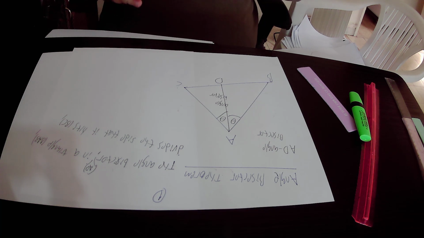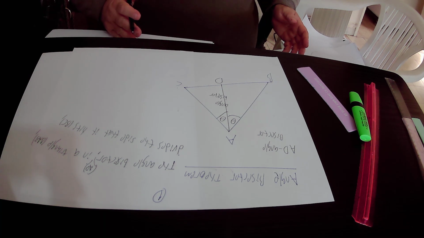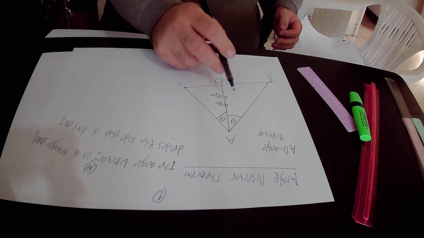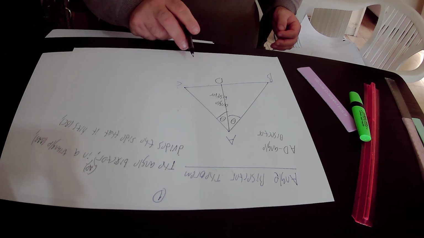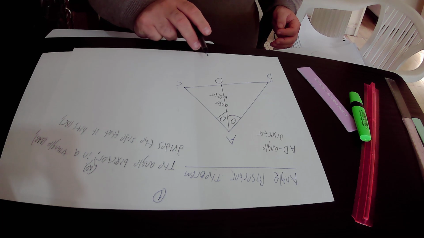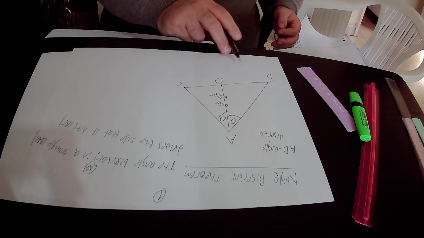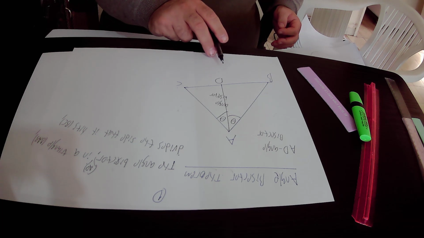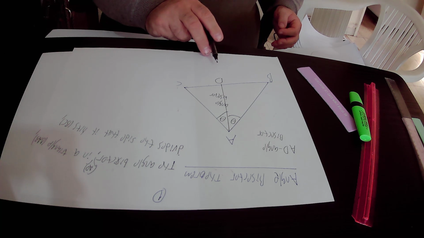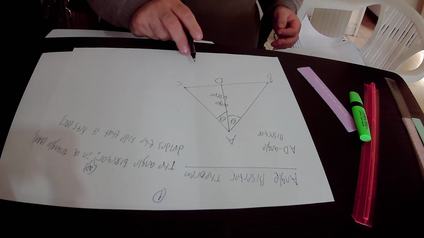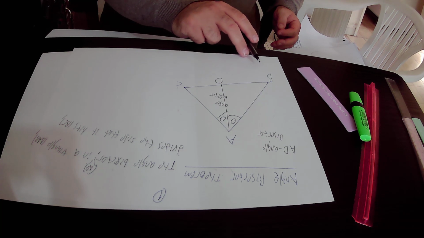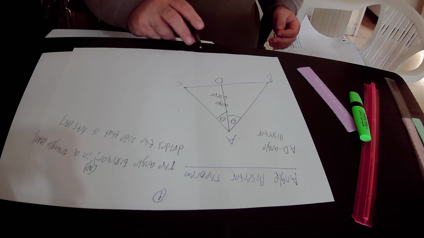Actually, as you can see, angle bisector AD is side BC and divides it into two parts. The first part is part BD, the second part is part DC. And the ratio between those two parts is BD over DC.